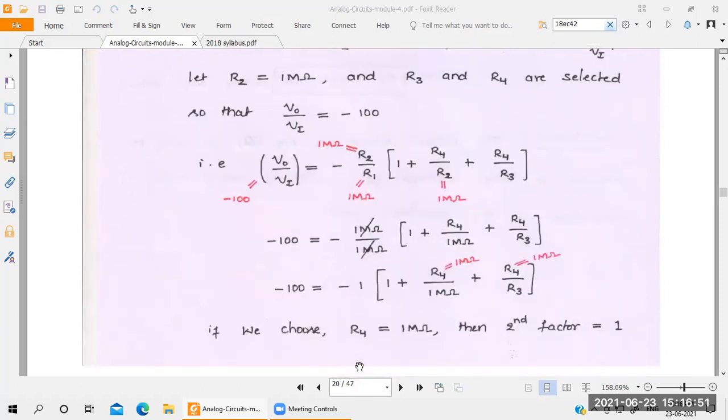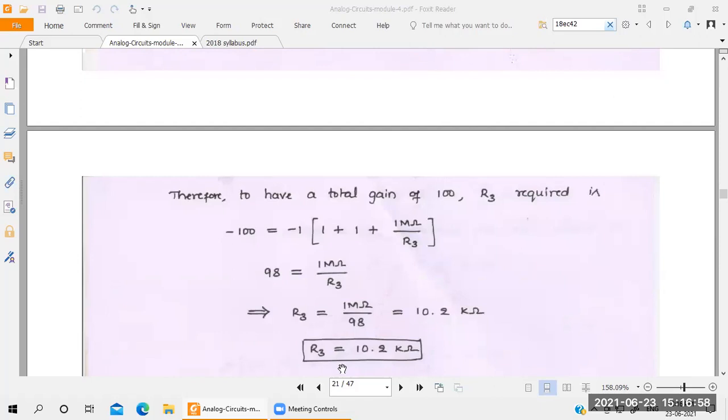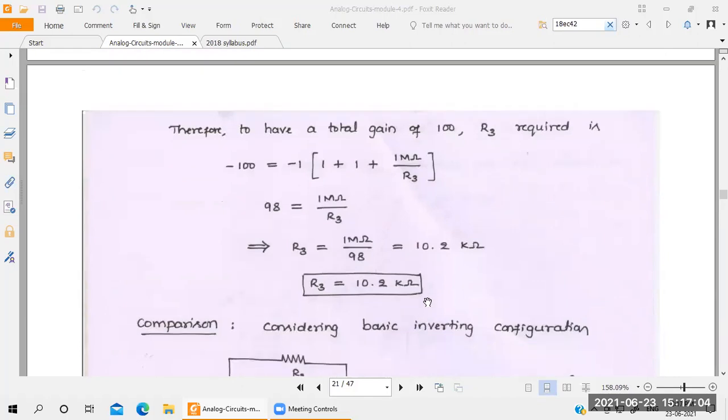From that we can find out R4. If we choose R4 as 1 mega ohm, then we get R3 as 10.2 kilo, for the gain of 100. This is the second condition.